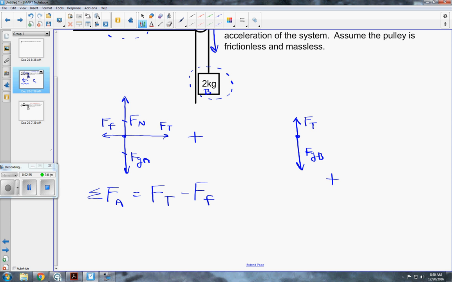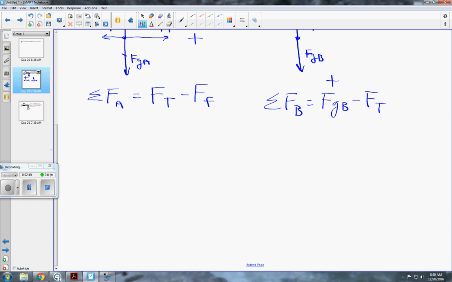And then we have the sum of the forces acting on B equal to the force of gravity on B minus the force of tension, because gravity acts in the positive direction for B and tension acts in the negative direction for B. Then I'm going to substitute mass of A times acceleration in for the net force, the sum of the forces on A, equals force of tension minus force of friction.